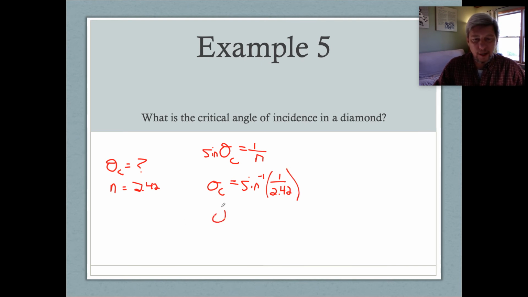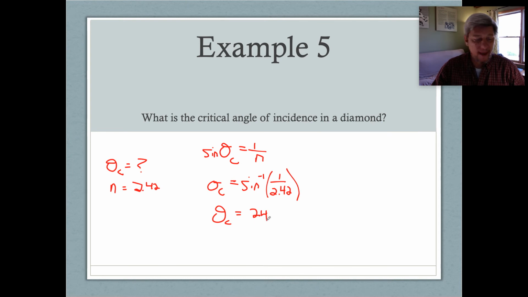And so the critical angle is going to be, let's see, 1 divided by 2.42 equals 0.41. We'll take the inverse sine of that, and we end up with 24 degrees. Okay, that's a fairly small angle.